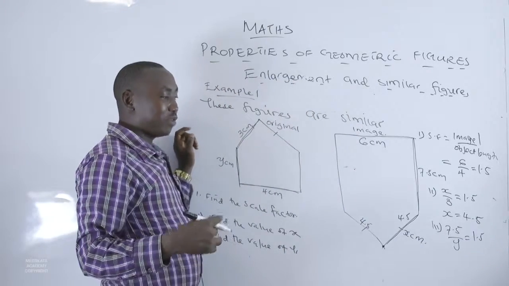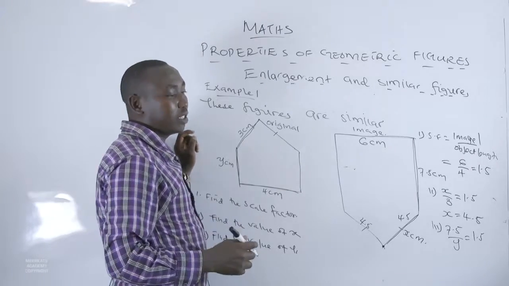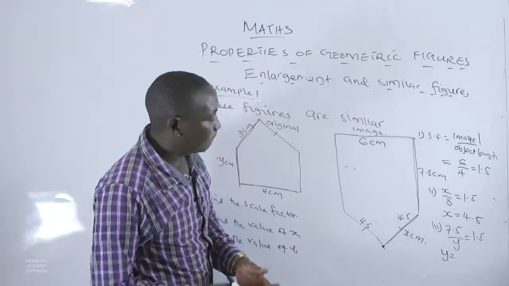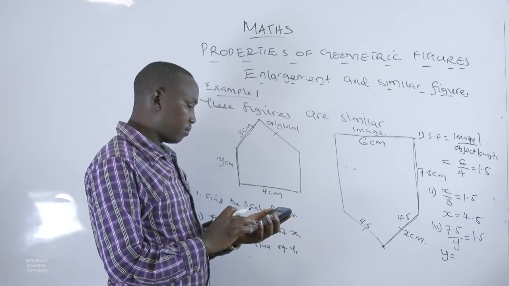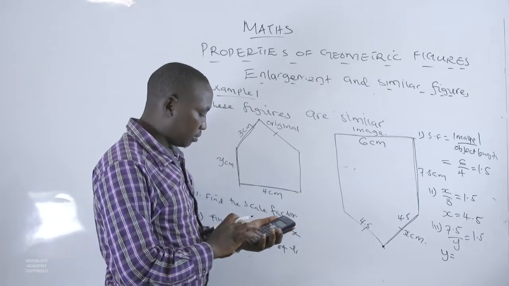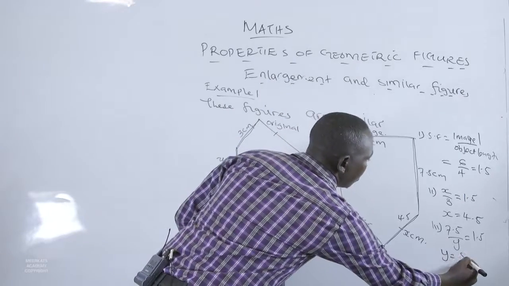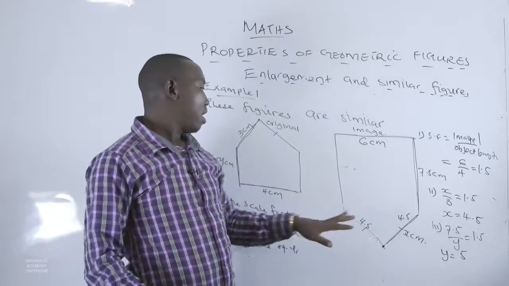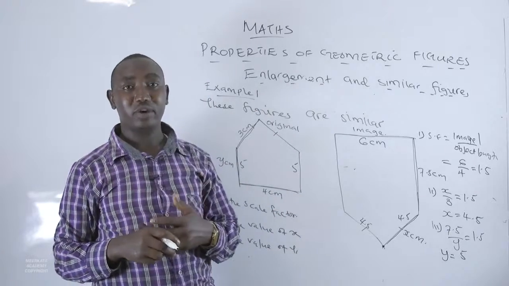So to find the value of y, we need to multiply both sides by y and divide both sides by 1.5, and that will give us y to be 7.5 divided by 1.5, which will be equal to 5 units. So that side will be 5 units.